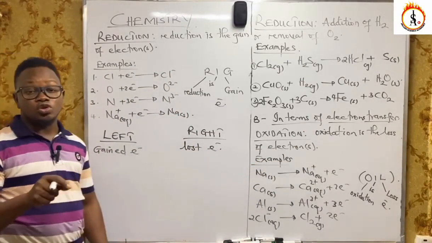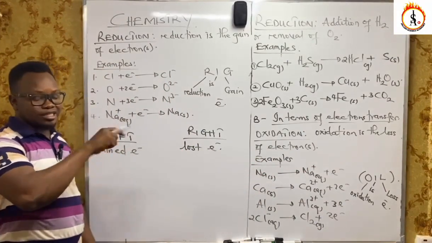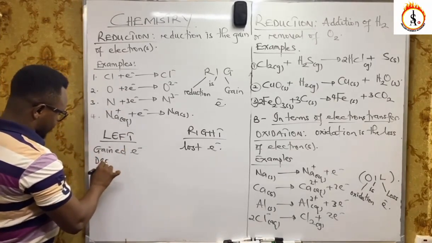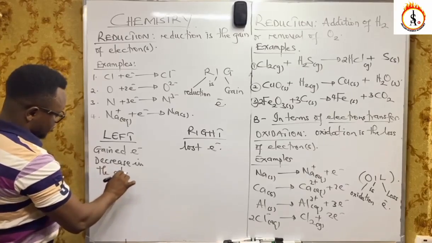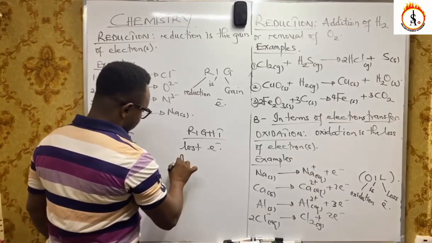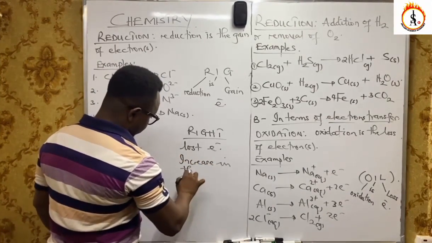And also you should note when a species gains an electron, the charge is going to decrease. So for gain of an electron, you have a decrease in the charge. Okay, and for lost electrons, you are going to get an increase in the charge.